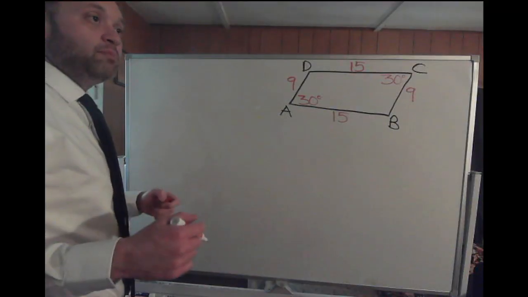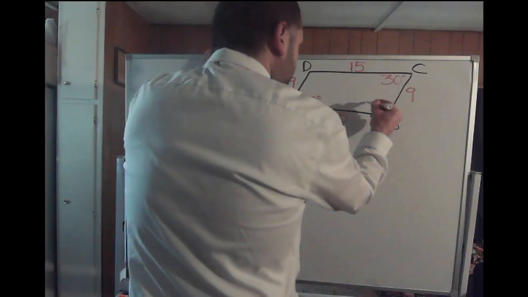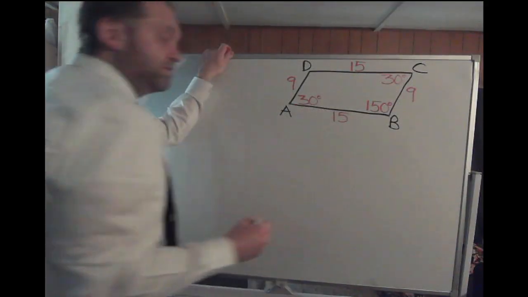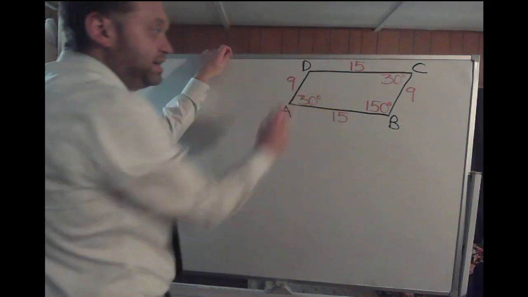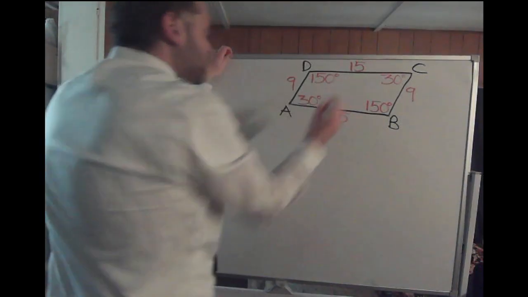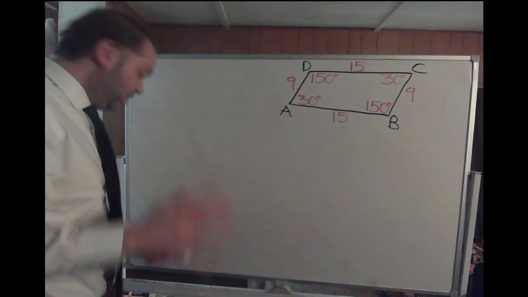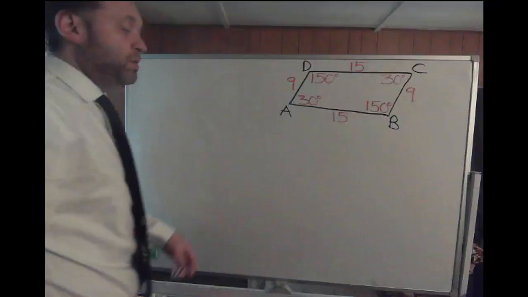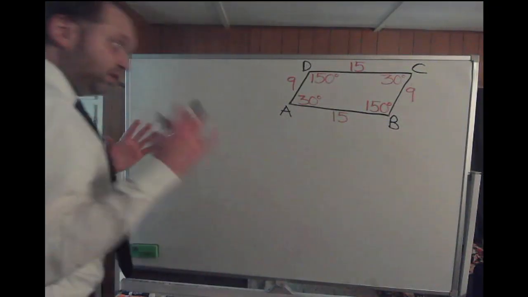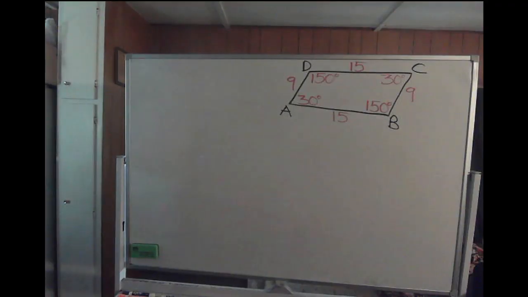So 180 minus 30 is 150. So angle B would be worth 150 degrees. And then since opposite angles are congruent, angle D would be 150 degrees. All right, I think we've solved for all the missing information. So now we can proceed to dealing with ratios of these problems.